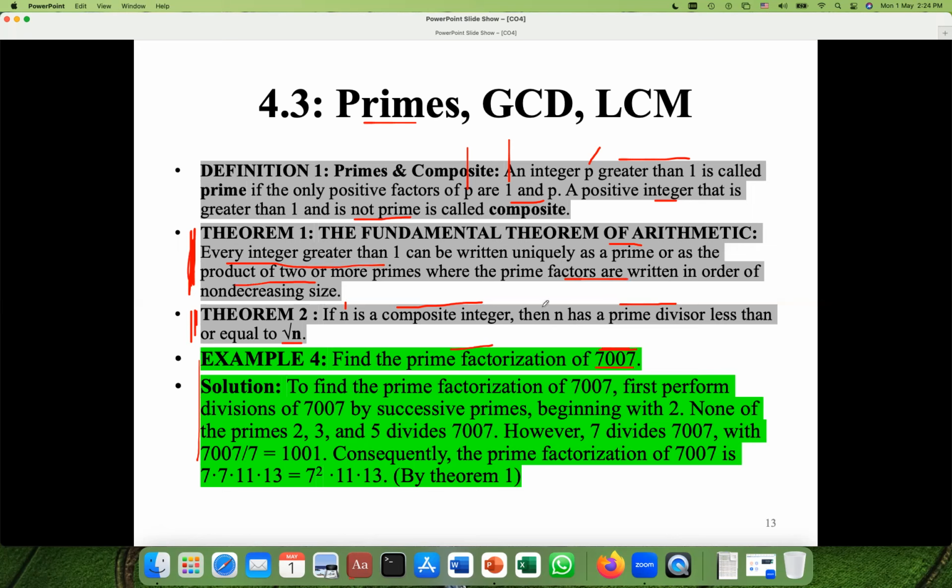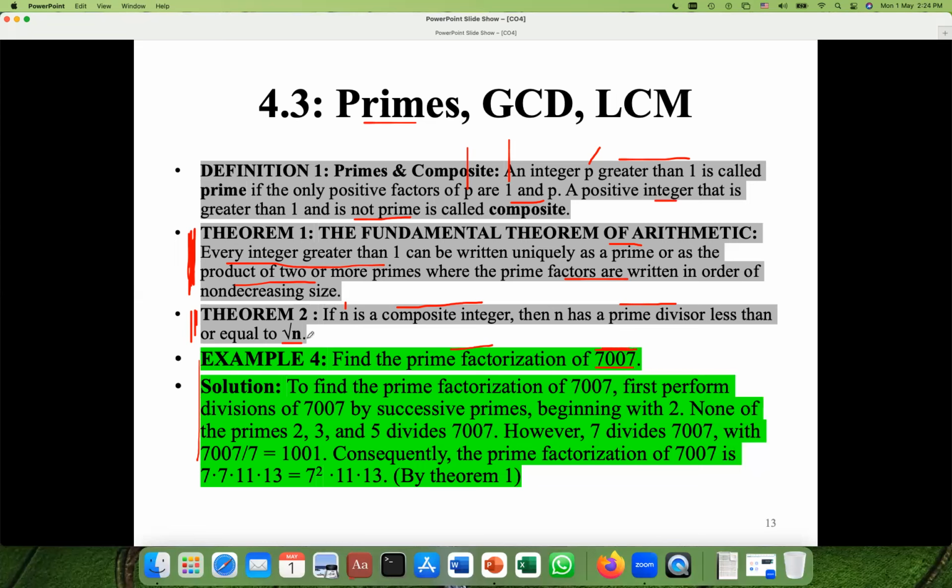So now we have this integer 7007, and we have to find the prime factorization. According to theorem 1, this number can be represented as a single prime number, or as the product of 2 or more prime numbers, and we have to represent those prime numbers in increasing order.